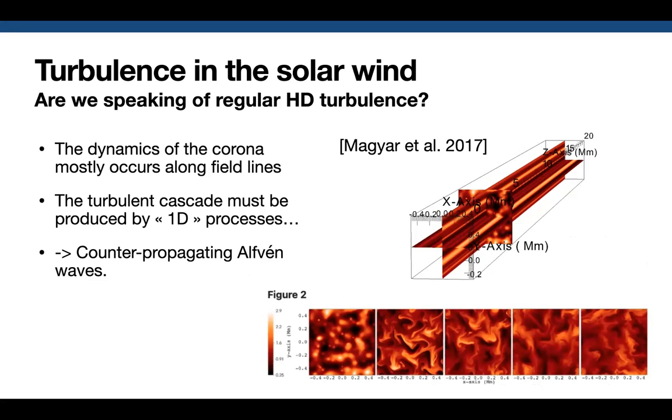And of course, one of the major hypotheses is that we have counter-propagating Alfvén waves that are interacting non-linearly and creating this cascade. So for instance, here you see a recent simulation of the onset and the creation of turbulent scales from two populations of counter-propagating waves.